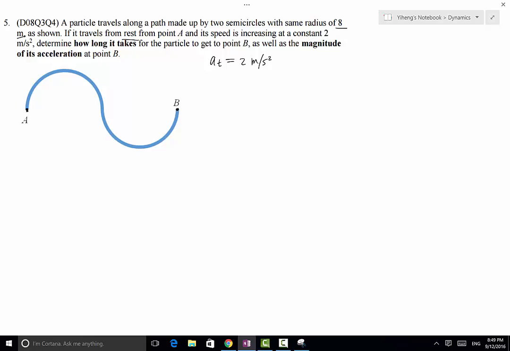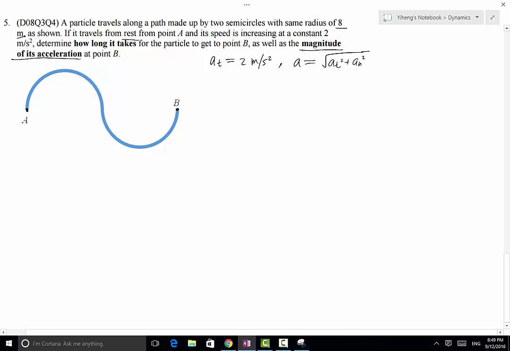We need to determine how long it takes for the particle to travel from point A to point B along this curved path, as well as its magnitude of acceleration when it has reached point B. In order to determine the magnitude of its acceleration, we need to take into consideration both AT and AN.